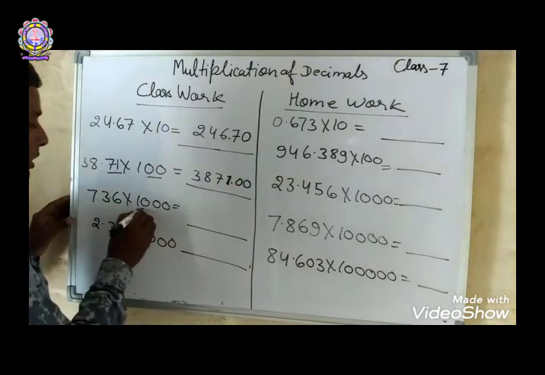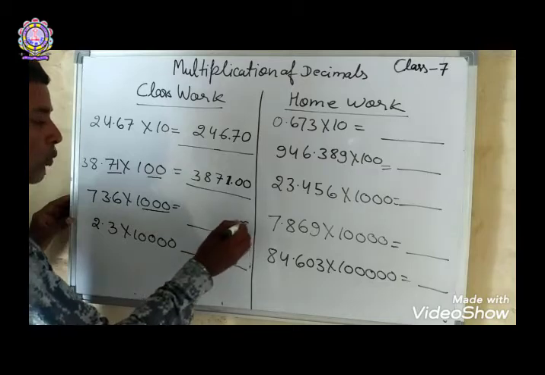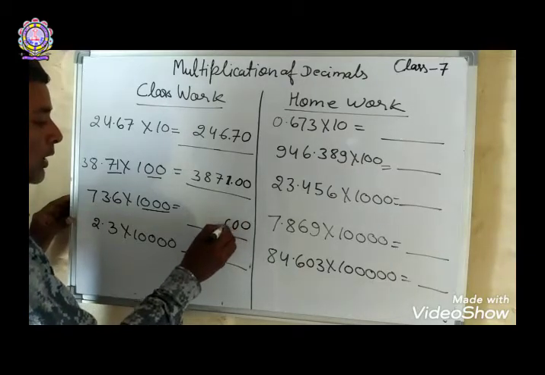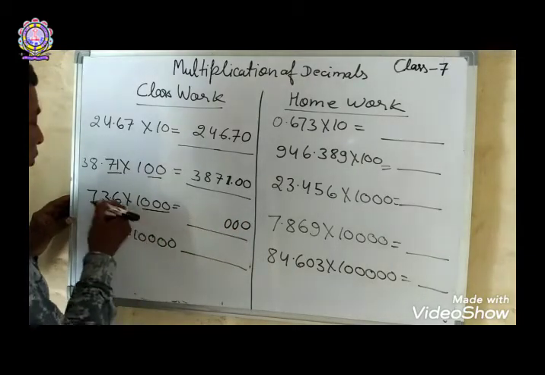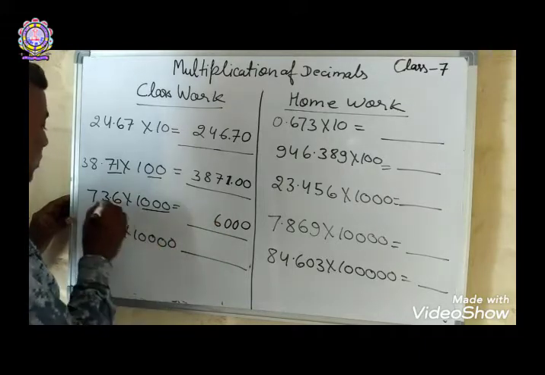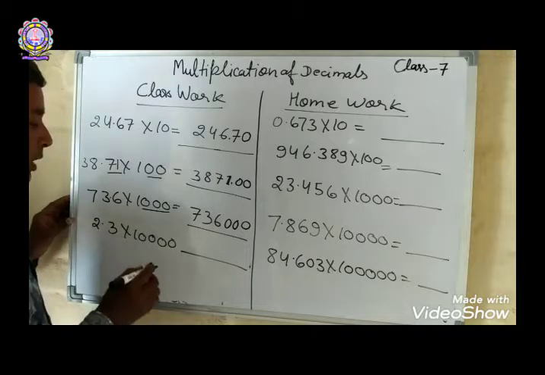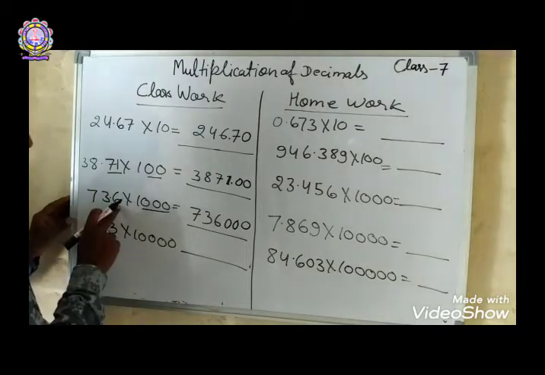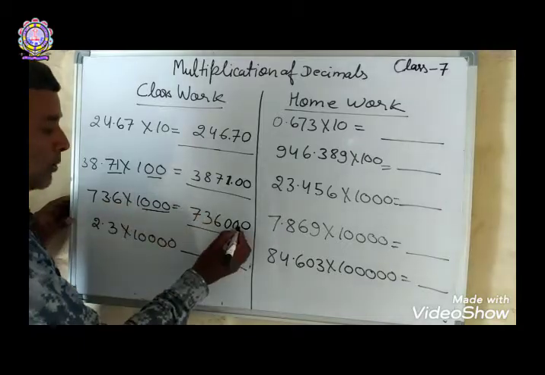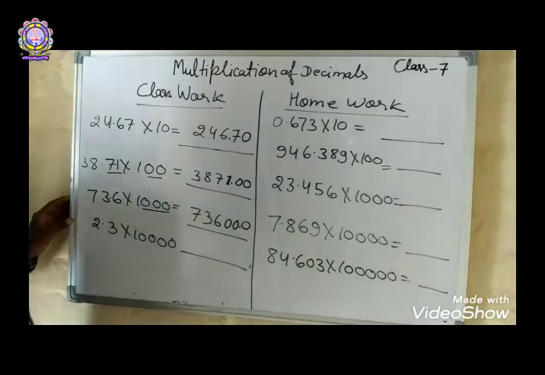And now there are 3 zeros, the 1 0, 2 0, and 3 0. And now 1 6 is 6, 1 3 is 3, and 1 7 is 7. And the decimal here from the right side is before 1 digit, so we use the decimal here before 1 digit.